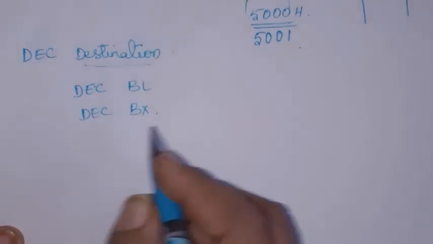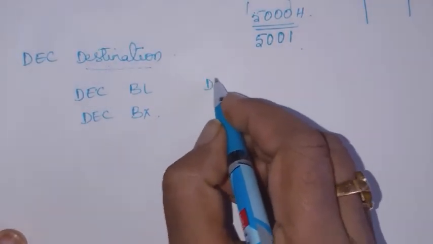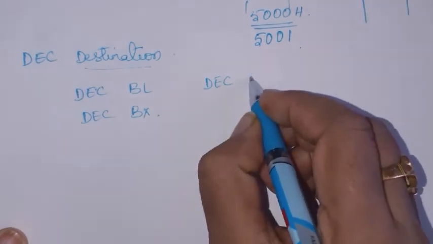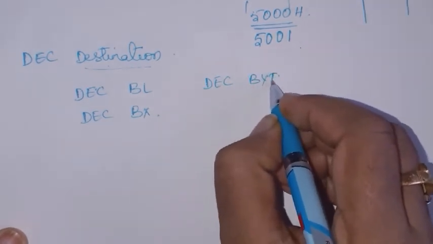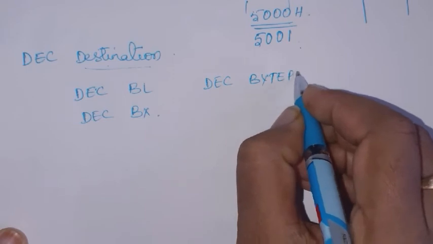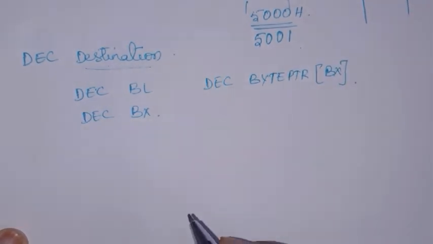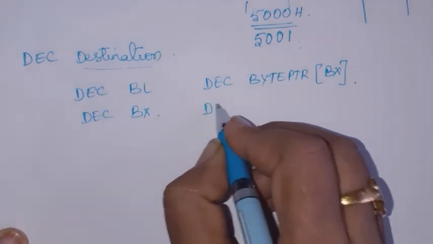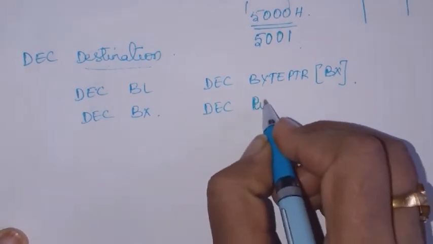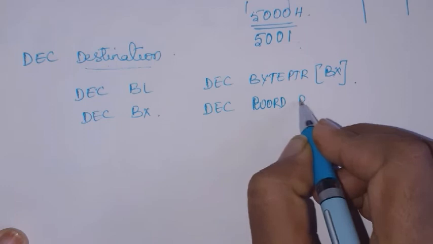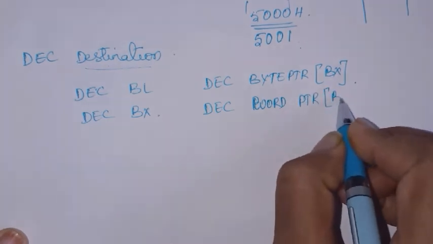If it is using indirect addressing, then you can write here decrement byte pointer pointed by the register BX, or if it is a word pointer, you should say word pointer BX.